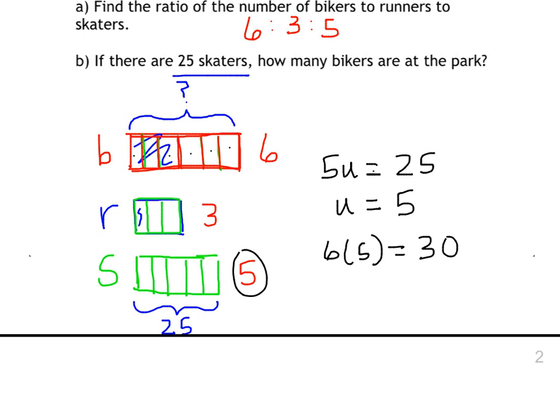That seems like the right number for my bikers. And in fact, if I do a quick double check back, that certainly makes sense. So there you have it. 30 bikers at the park.